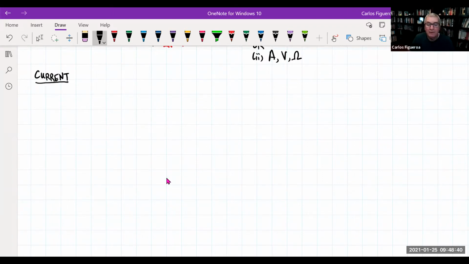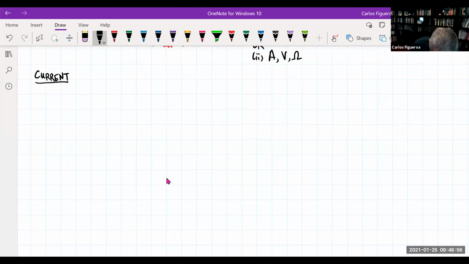So the fundamental concept of current requires some familiarity with the structure of the atom. And when we're thinking about an atom, what you find is that electrons live in shells. And of course, different atoms have different shells.